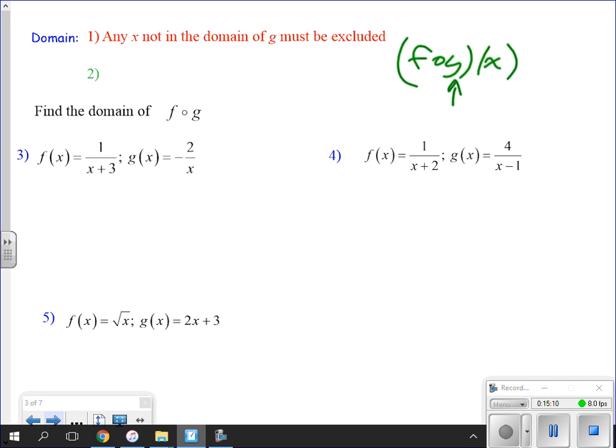Okay. After that, any x for which g of x is not in the domain of f must be excluded. There, I'll put that down so you can read a little bit better. And you'll kind of see a little bit better as I do a couple of examples.